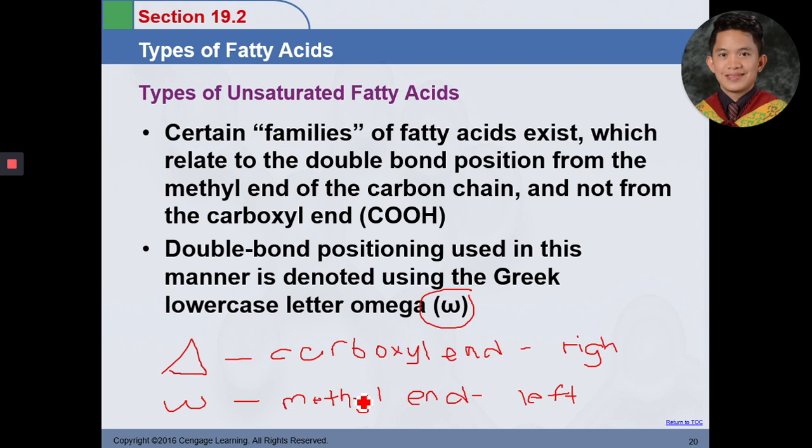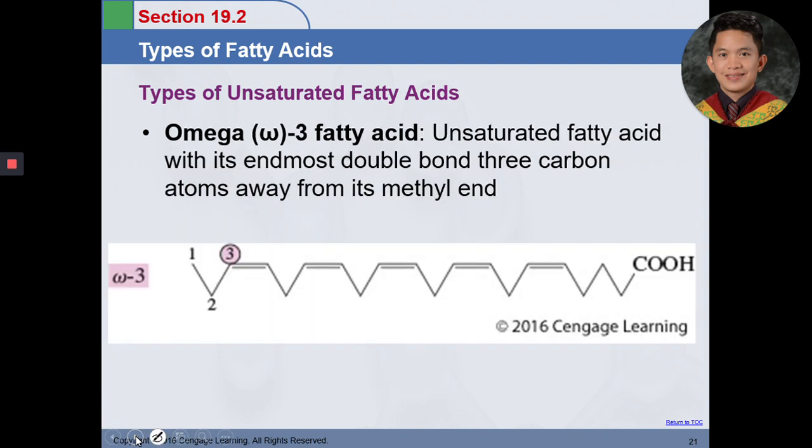Okay, so that is the difference between using the Greek letters delta and omega in determining the position of the double bonds. Now, an illustration for that example would be this one.